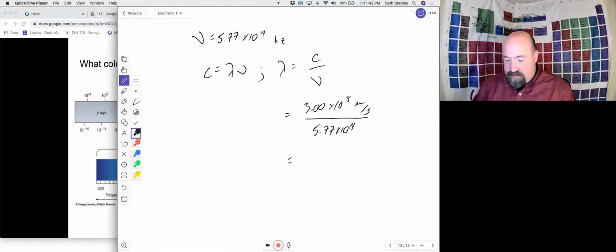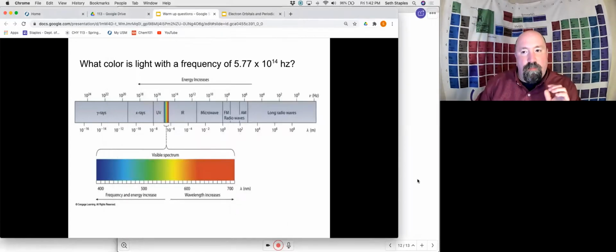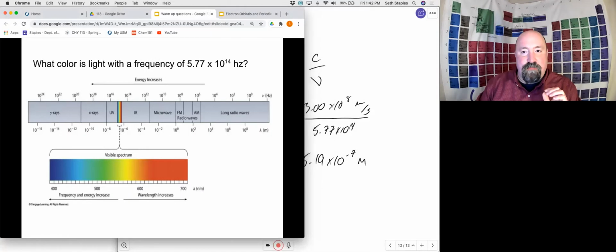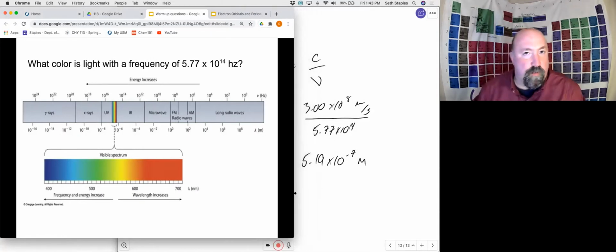We plug this into the calculator. We get 5.19 times 10 to the negative 7th meters. Now, we're not done there, though. This question is specifically asking us for what color the light is going to be.